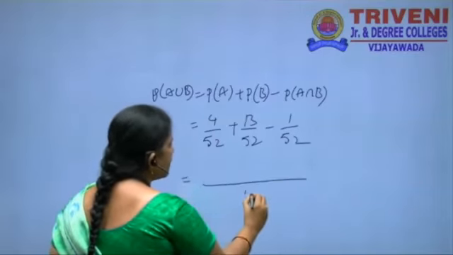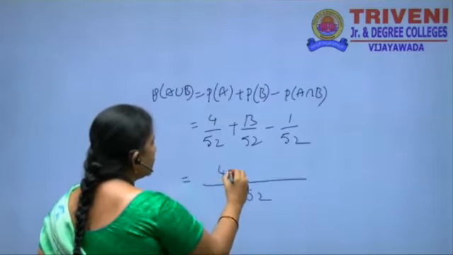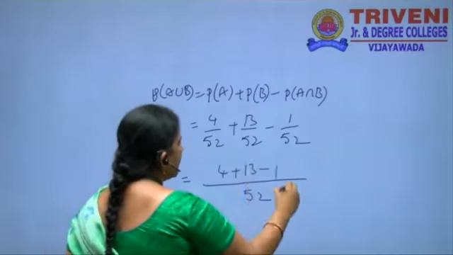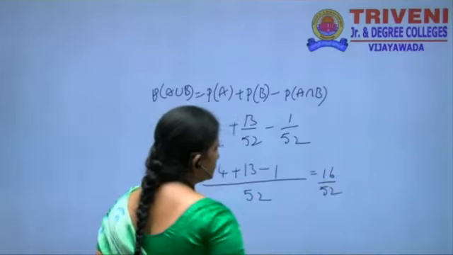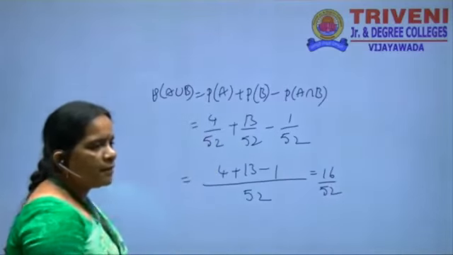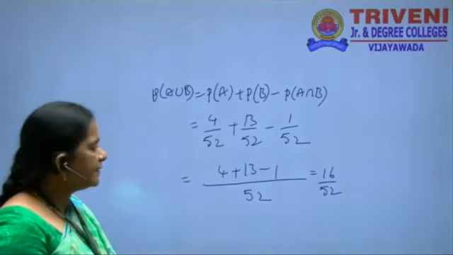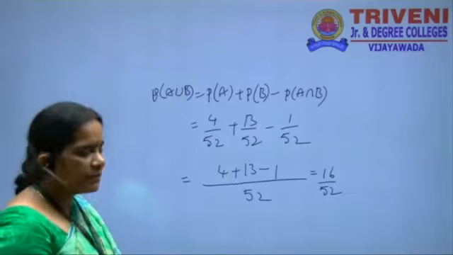Take the LCM of 52 here. 4 plus 13 minus 1, that is equal to 16 by 52. Okay, the probability of ace or spades is 16 by 52.